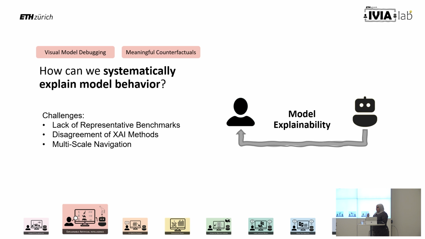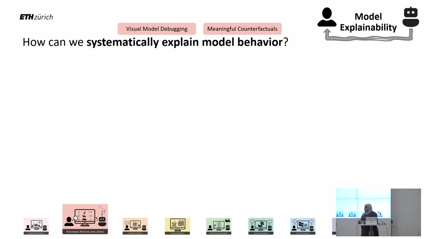In explainability, there are lots of challenges, starting from the lack of benchmarks to disagreements between different XAI models and so on and so forth. So we really need to figure out how do we systematically explain model decision-making.